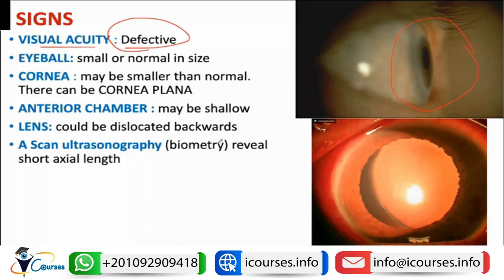The anterior chamber can be shallow and the lens can be dislocated backward, as you can see here. So here is the lens, the posterior dislocation, and the A-scan or the biometry can show the short axial length.